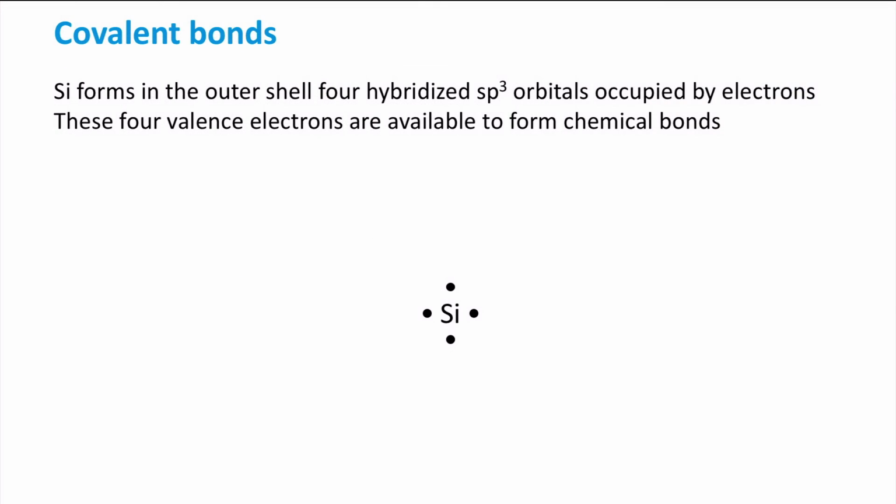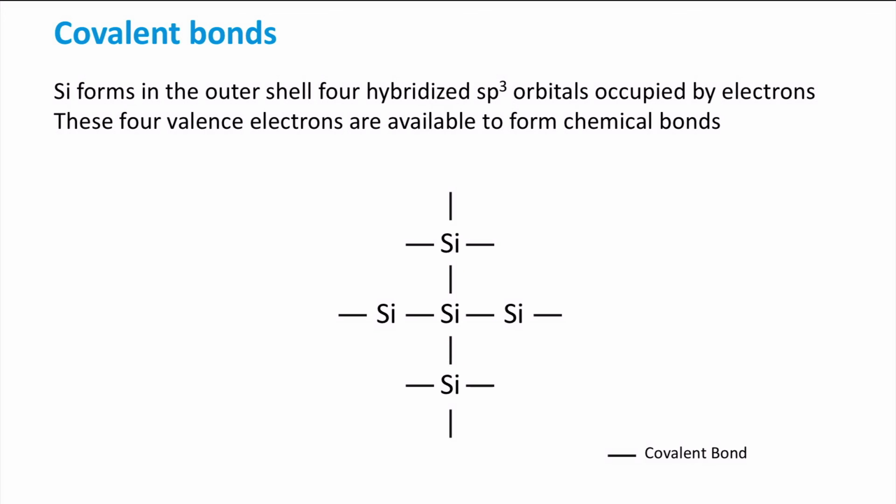Let's visualize the bonding process using the Lewis representation of the silicon atom. When other silicon atoms are present, they can interact and form bonds by sharing one valence electron with a neighboring silicon atom. These kinds of bonds are strong and they are called covalent bonds.